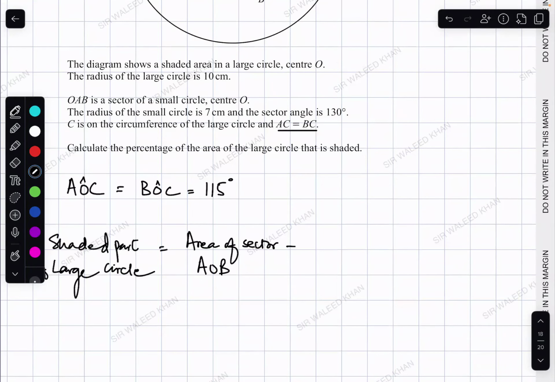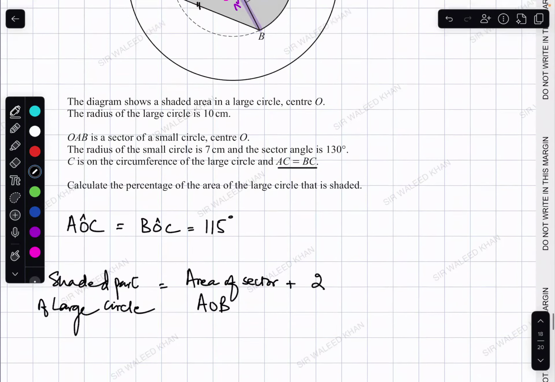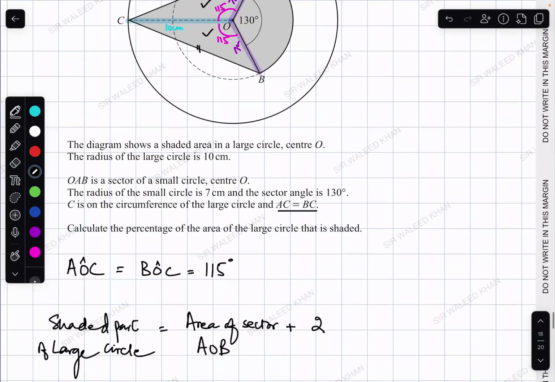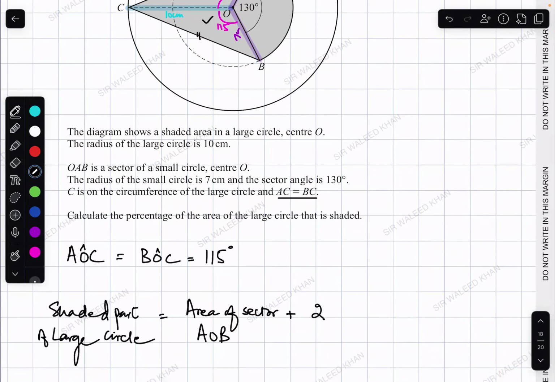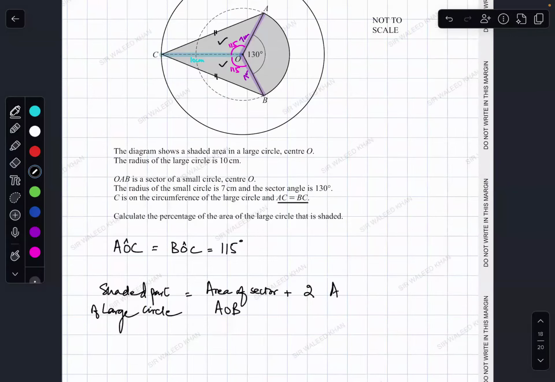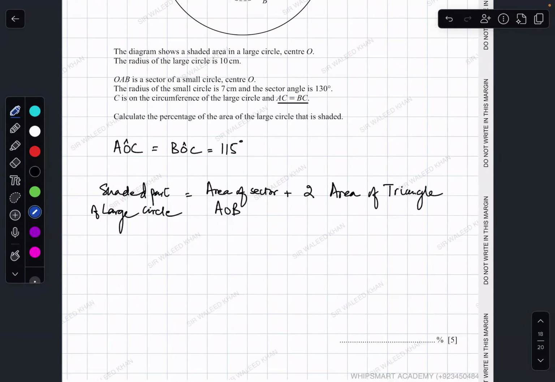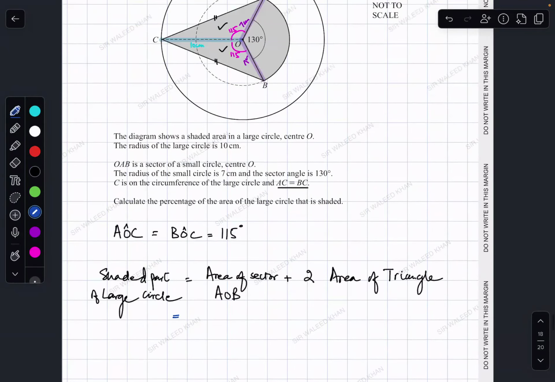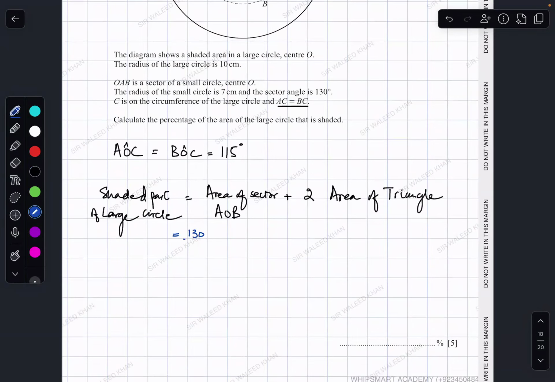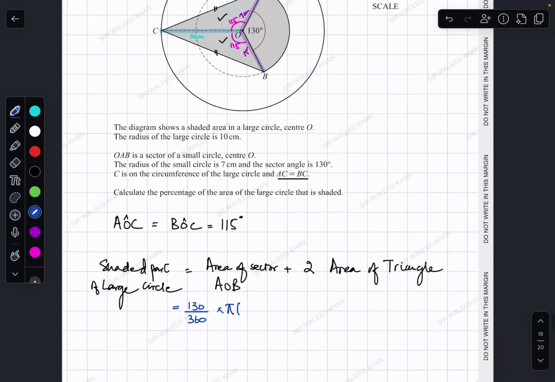plus 2 times, because they are identical, the area of triangle. If you want to add them separately, that's also fine. The area of the sector will be theta, which is 130 over 360, into pi r squared. R is 7.